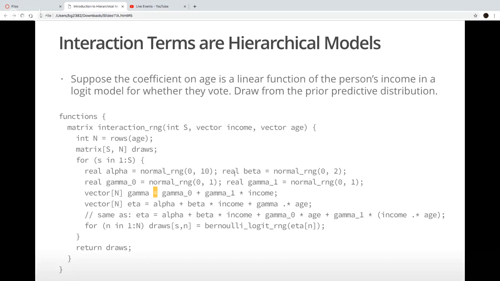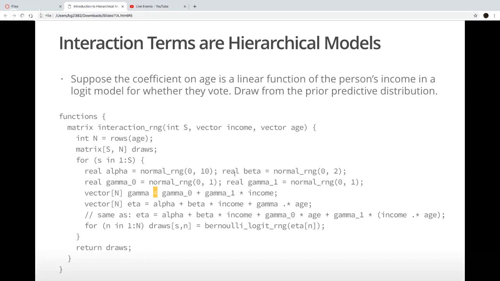So I'm saying this vector of parameters of size N, gamma, is equal to gamma 0, which is like an intercept, plus gamma 1, which is a slope, times the person's income. And I'm going to use gamma as the coefficient on the person's age.